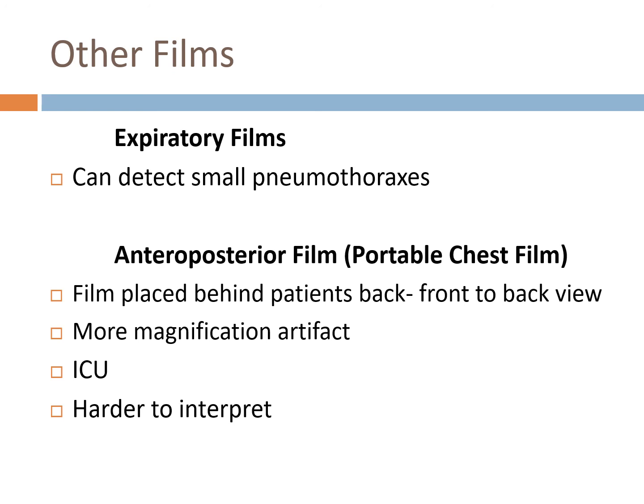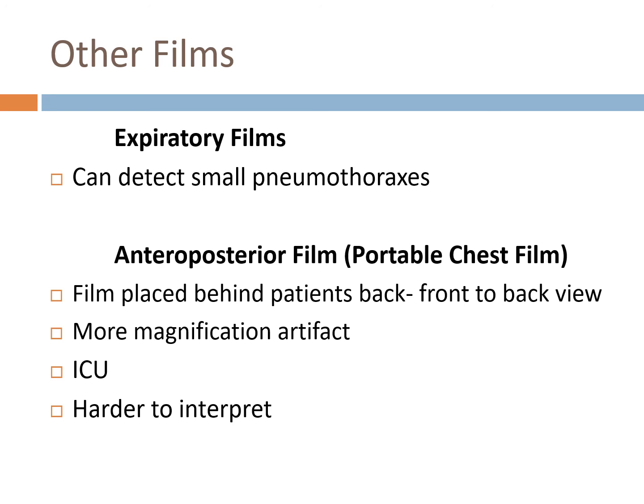And then your AP film is generally what's used for a portable chest X-ray, so that's what you're going to see in the ICU. For patients on the floor, they'll generally take them down to X-ray, wheeling them in their cart or wheelchair.